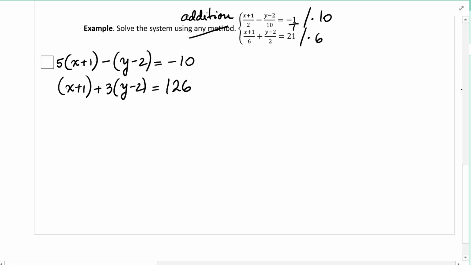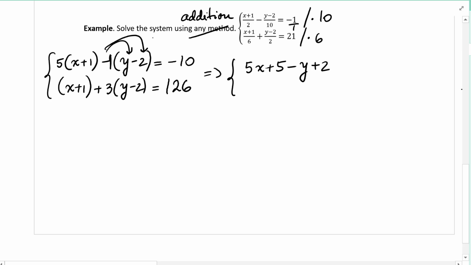So we have two equations with two unknown values. So what I'm going to do is open the parentheses. So 5x plus 5 minus y plus 2, right? Because this is a negative 1 multiplied, it changes the sign, equals negative 10. And then x plus 1 plus 3y minus 6 equals 126.